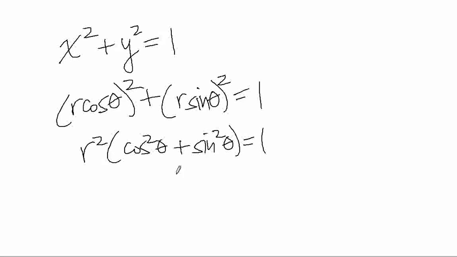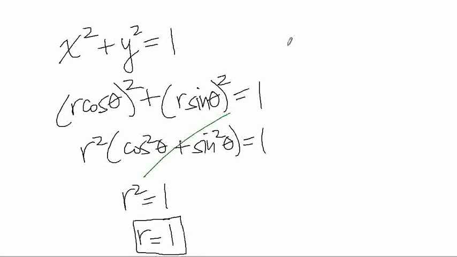Then if you notice that in the parentheses we have the Pythagorean identity, and we know that expression is equal to 1, so we can ignore that. So r squared is equal to 1, or r is equal to 1. Now, you could have r is equal to minus 1, but that would give the same graph. So we'll just pick the positive number. Okay?